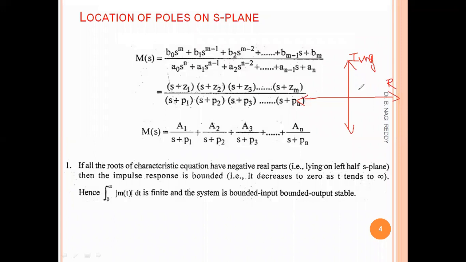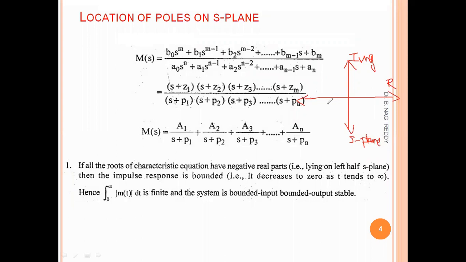This graph is generally called the S-plane. That's why the title of today's topic is location of poles on S-plane. So we need to locate the poles. First, we need to identify the poles, and then we need to locate the poles on this S-plane.